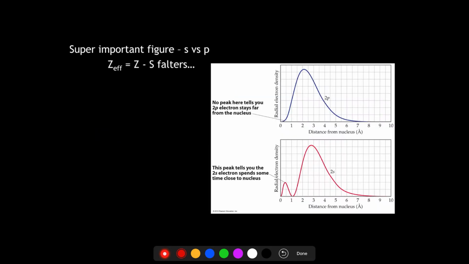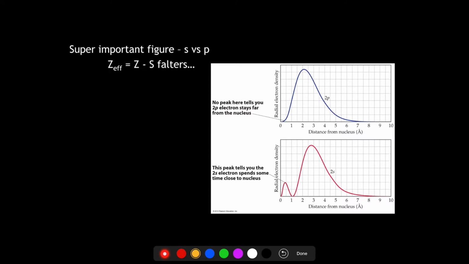So here, the Z effective concept is not perfect. This is the simplest version where we have number of protons minus the number of core electrons, but that's not exactly true. So if you go back to your outline, I ask you, why is a 2p Z effective calculation more accurate than a 2s calculation? Because what we're not taking into account are the shapes of our orbitals.